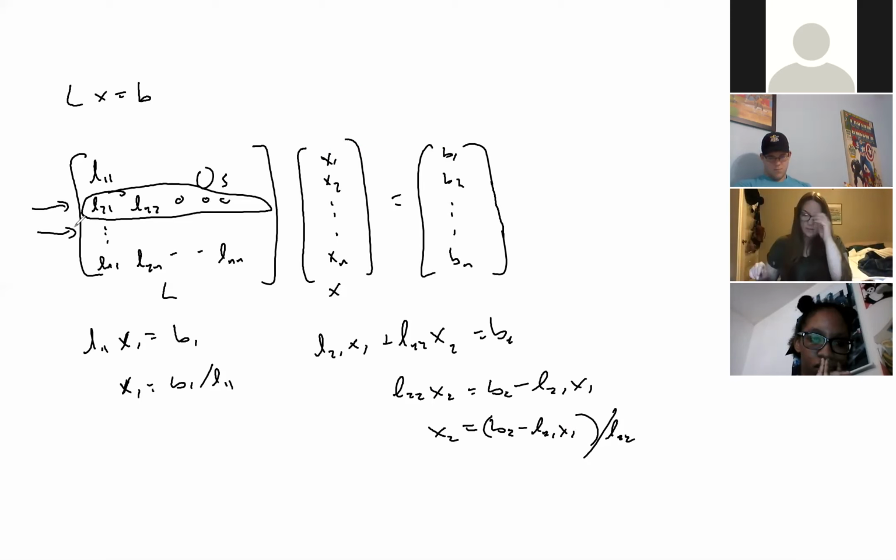I don't have it written down, but what it would look like is L31 times X1 plus L32 times X2 plus L33 times X3, and then plus a whole bunch of zeros times all the other x's. So you don't have to write those down. And that should equal the third entry in your B vector, so that would be B3.